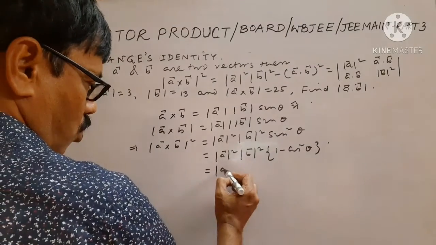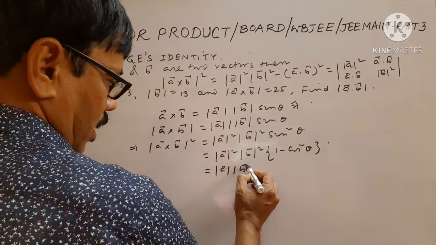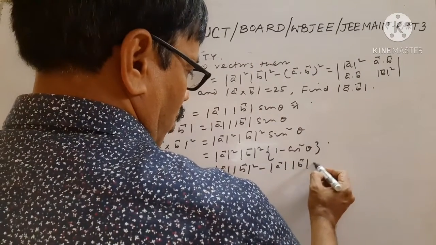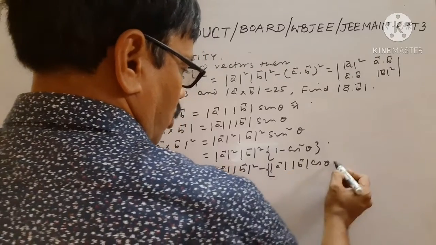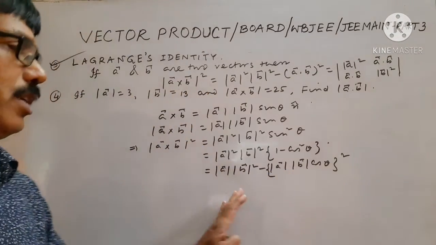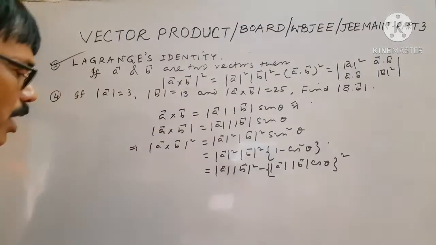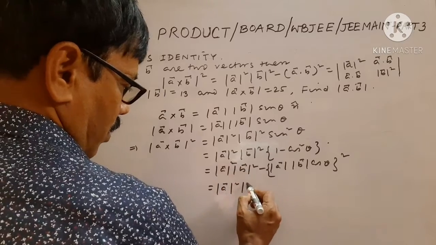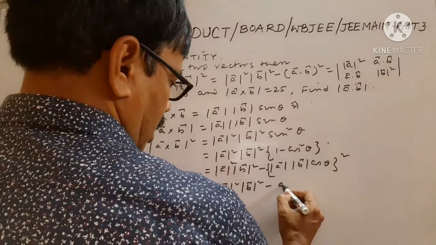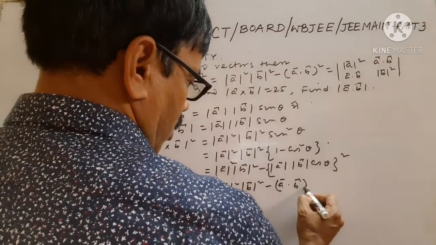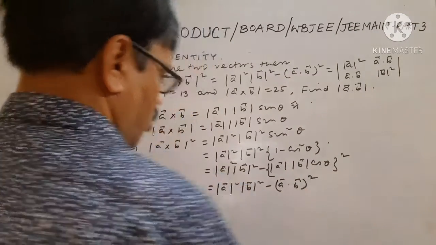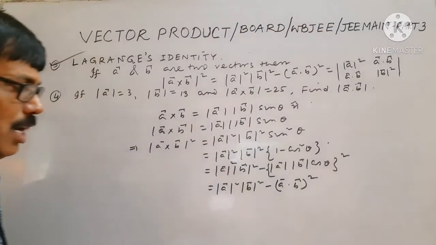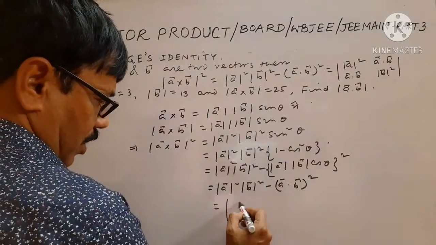Now this is mod A square, mod B square minus mod A, mod B cos theta, whole square, omitting one step. Now this is mod A square into mod B square minus A dot B, that is magnitude of A, magnitude of B cos theta, whole square. So this is the proof.